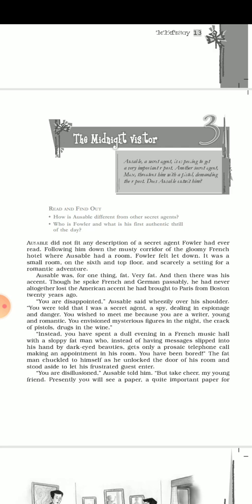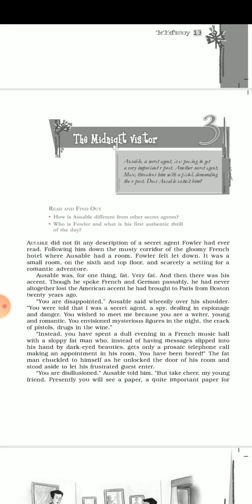Fowler was very excited, very happy to meet such a person, but when he saw him and when he saw his place of living, he feels that it was such a mess, a gloomy place, a serious place, and it was a small room in which Audible was staying, and that room was also on the top floor of the hotel. The top floor was the sixth floor, and Audible had rented a room on the sixth floor, right?